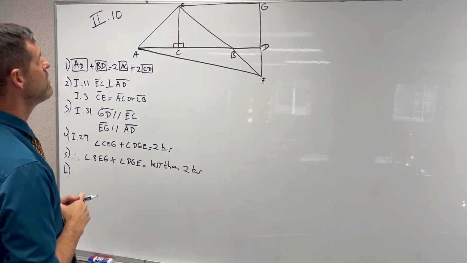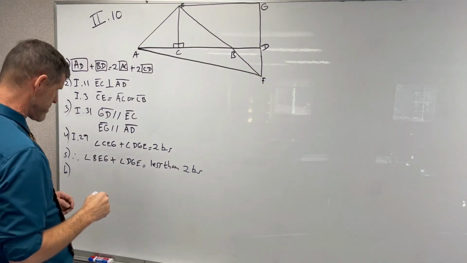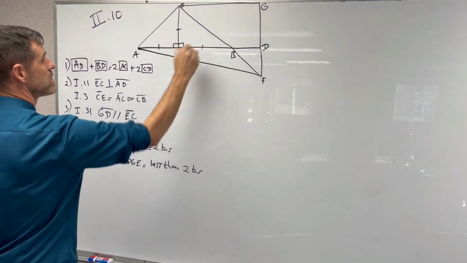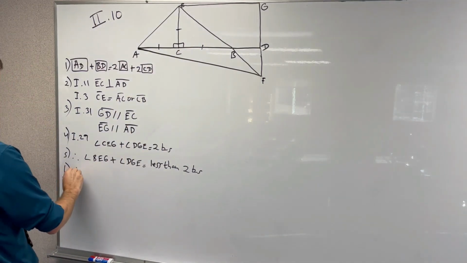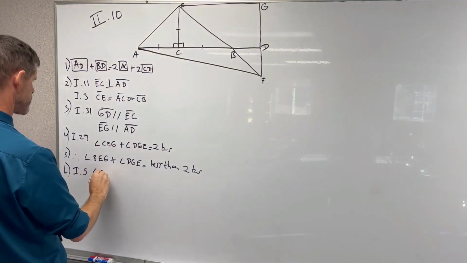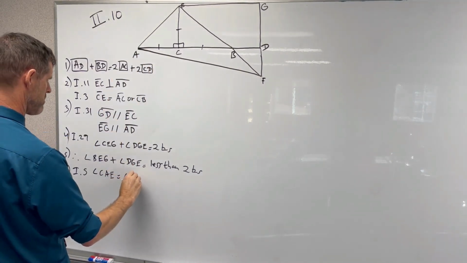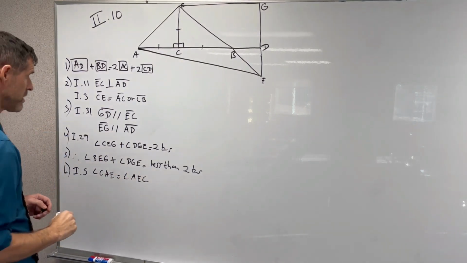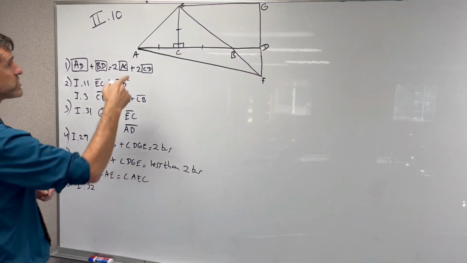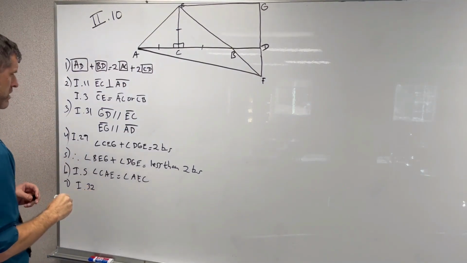Now, if we look at the triangle ACE, we know that we've got the right angle here, and we know these sides are equal, and therefore from Proposition 5, we can say that the angle CAE will be equal to the angle AEC. And because of Proposition 32, since the angle ACE is right, then these two angles must equal one right angle.